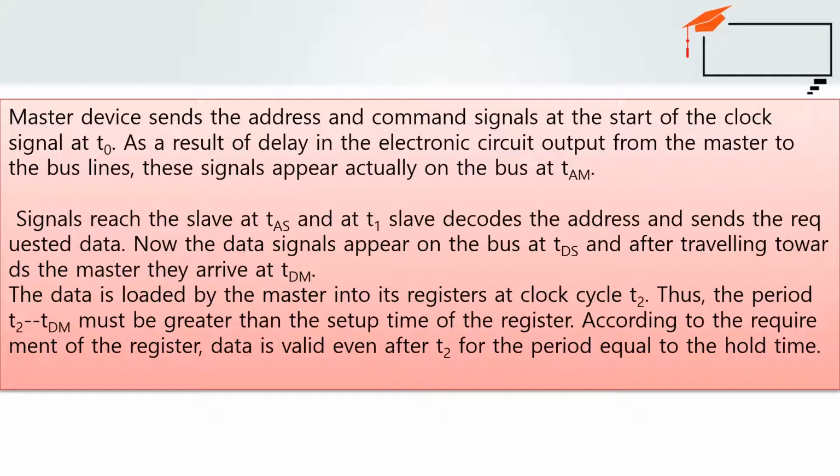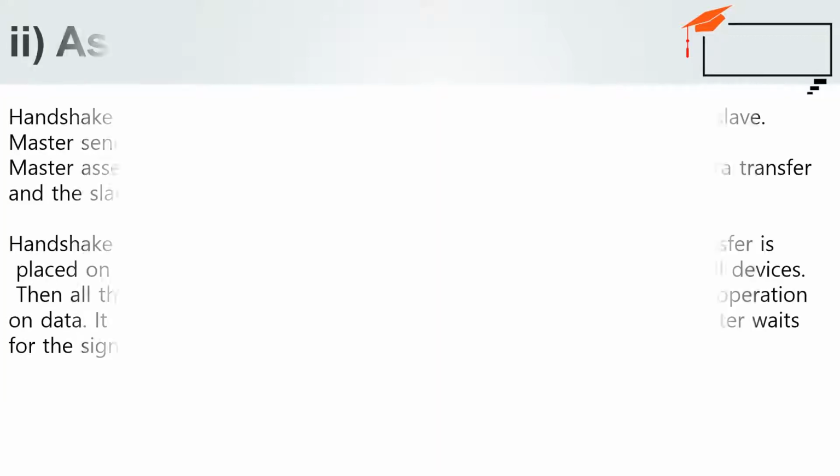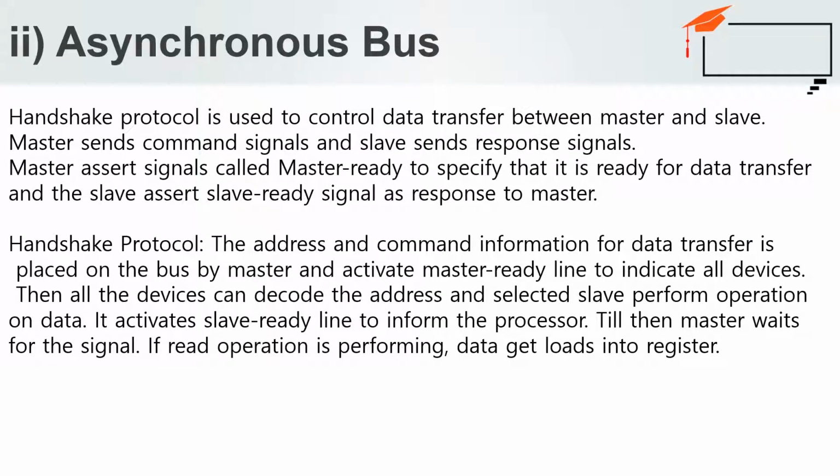Thus, the period T2 to TDM must be greater than the setup time of the register. According to the requirements of the register, data is valid even after T2 for a period equal to the hold time.